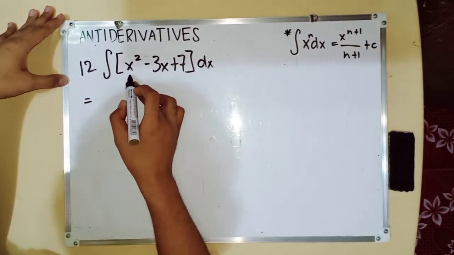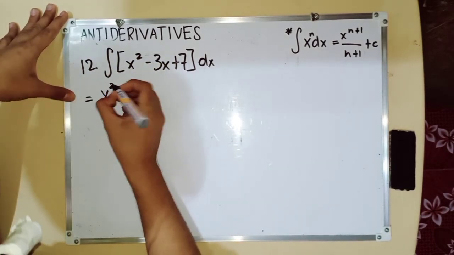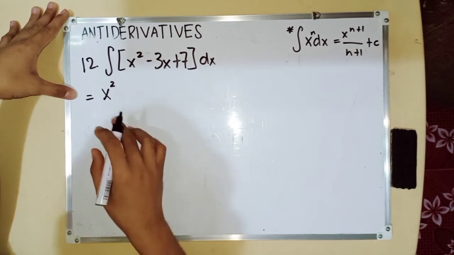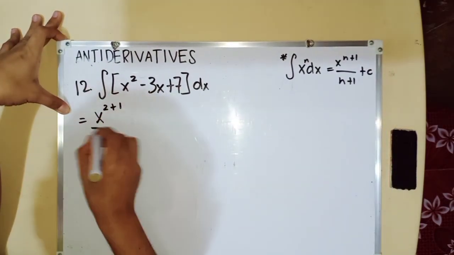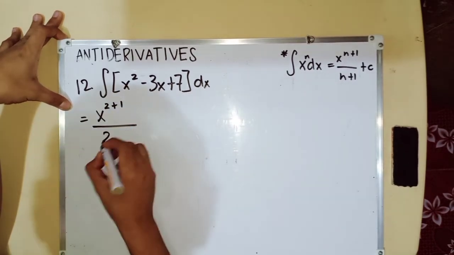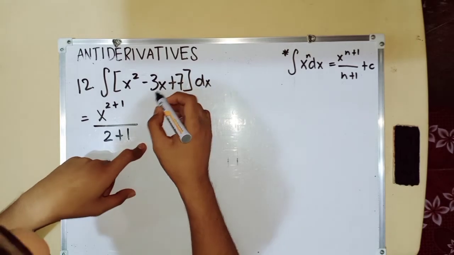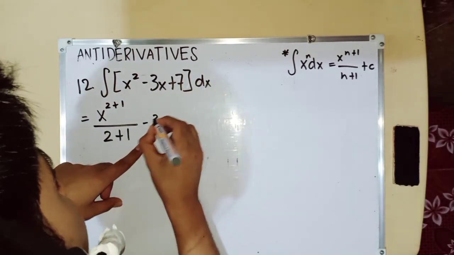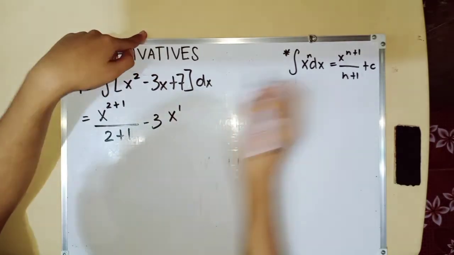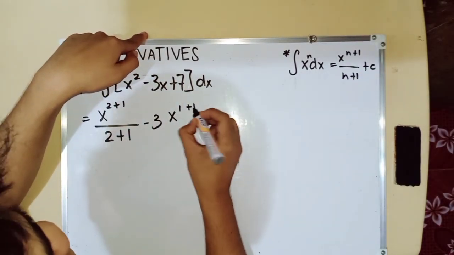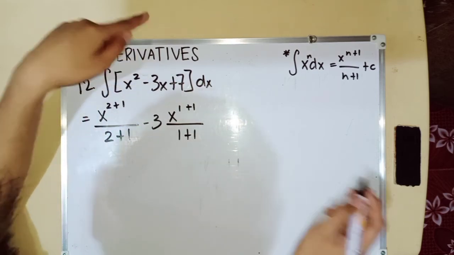So, for x raised to the power of 2, we just take it, then we add 1 to the exponent. Plus 1, then we copy the exponent and the 1. Then, for negative 3x, this x is raised to the power of 1, then we add 1 over, we copy the exponent, 1 plus 1.